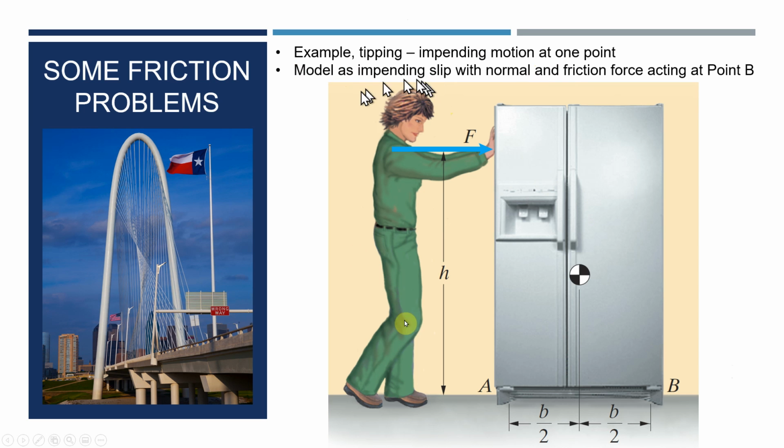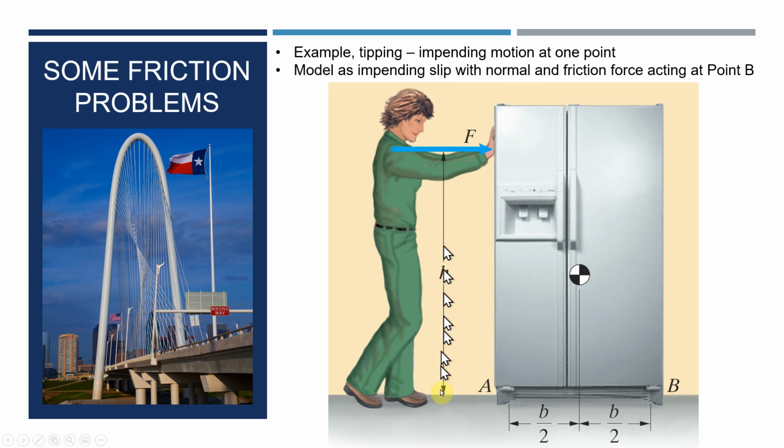This is where you've got impending motion at one point. So you model it as frictional force acting at point B, normal force acting at point B. What is this H? So that it's impending.